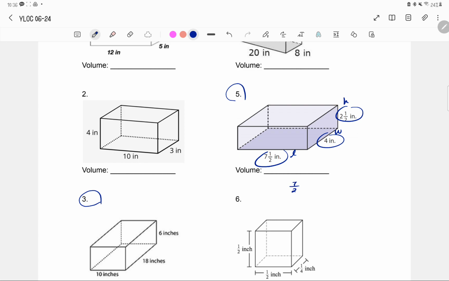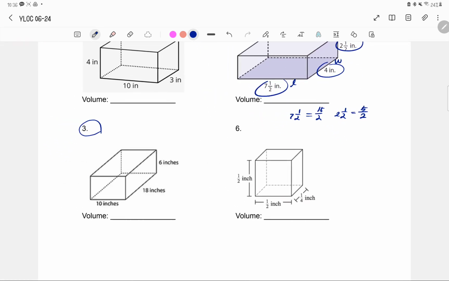We'll write 7 and a half as 15 over 2, and 2.5 as 5 over 2, just to make it easier to multiply. So 15 over 2 times 5 over 2 times 4.